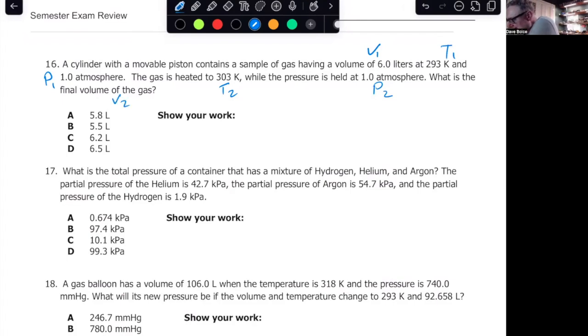Now, I have some good news for you. In this case, because the pressure stayed at 1 atmosphere both times, the pressure stays the same. So basically, I can ignore it. I don't need to worry about it. So this is just a volume temperature question.